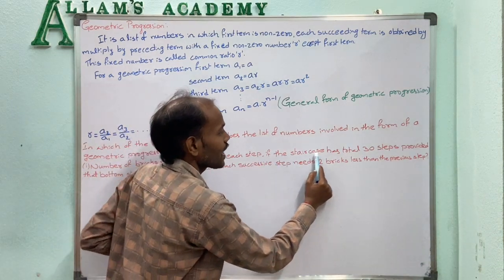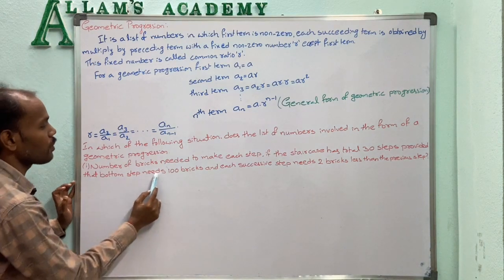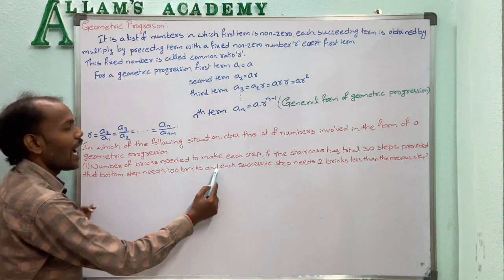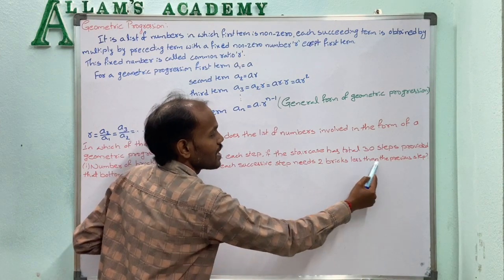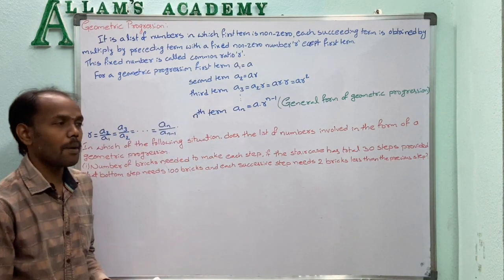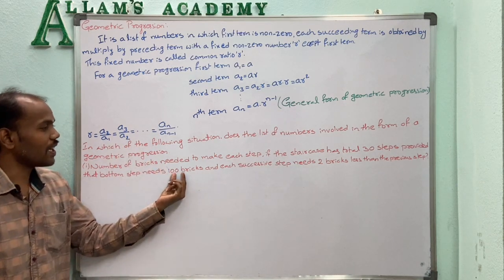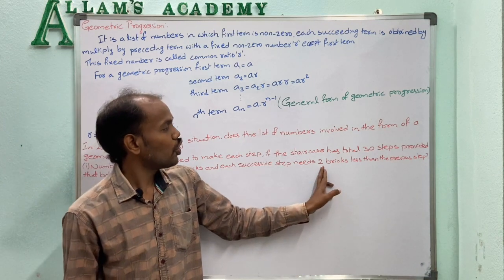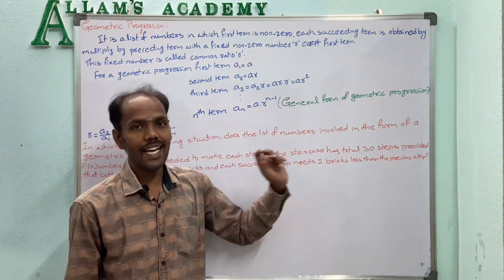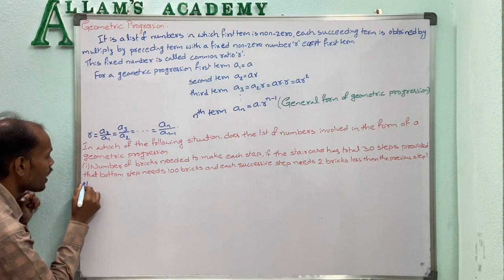If the staircase has a total of 30 steps, provided that the bottom step needs 100 bricks and each successive step needs 2 bricks less than the previous step.